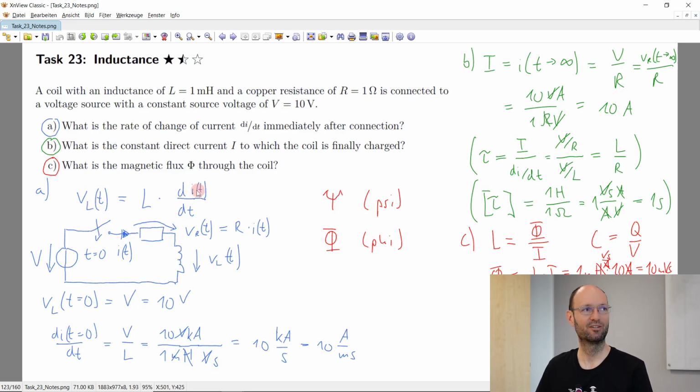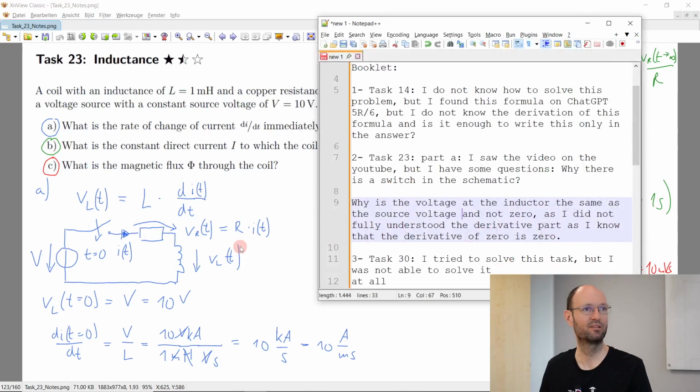So the current for a short moment is zero, but the current is changing, and that's why the derivative is not zero. The current itself is zero, but the current is increasing. That's maybe the misunderstanding here: the derivative of 0 is 0, yes, but the current is 0 and changing, and that's why the derivative is not 0.